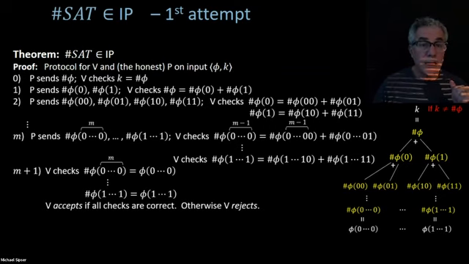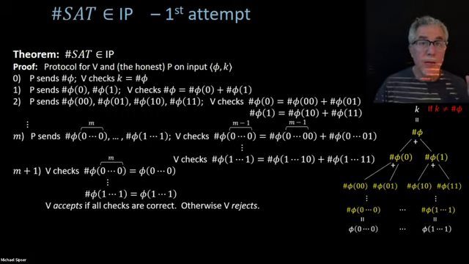What happens if the prover tries to make the verifier accept anyway? So the only thing the prover can do at the very first step would be to lie. If K is wrong and the prover sends the correct value for the total count, the verifier is going to reject.